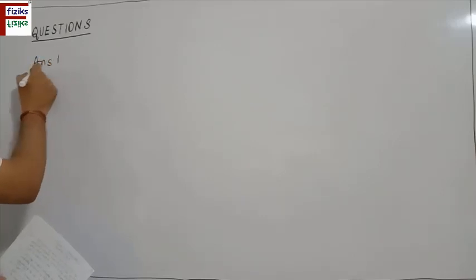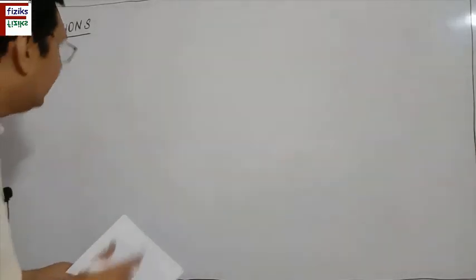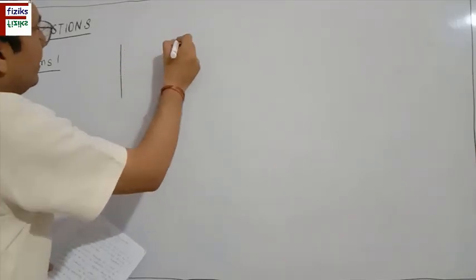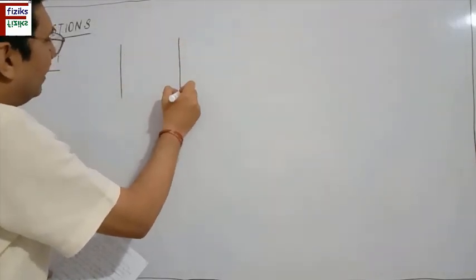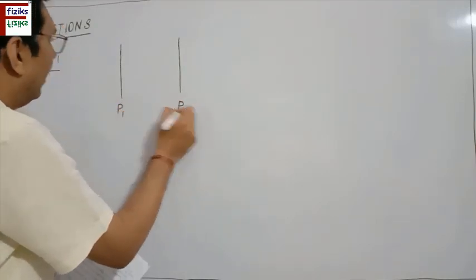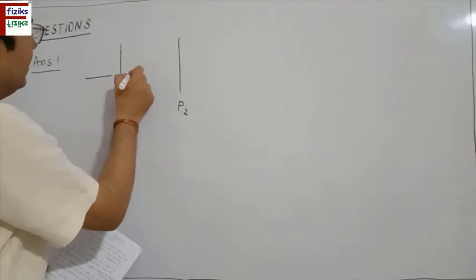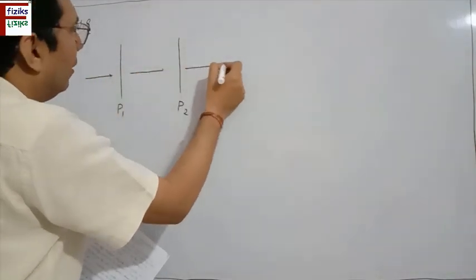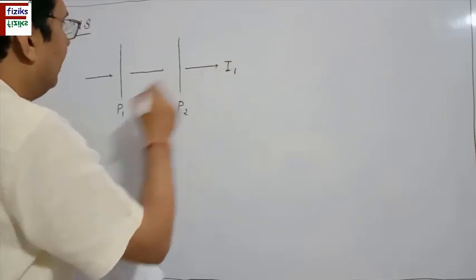So the solution of question number 1 is: we have two polarizing sheets, P1 and P2. Light is coming from this side, passing through them, and here we are observing the intensity I1.